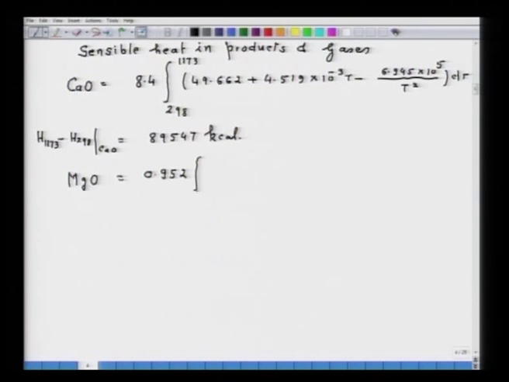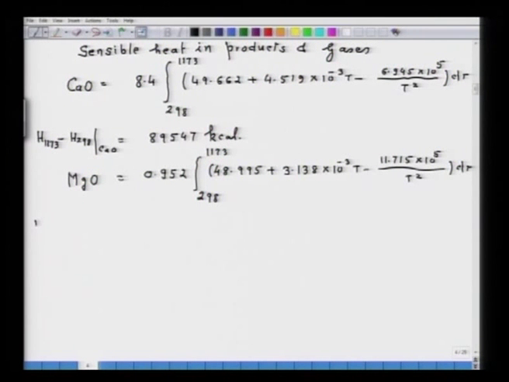Again I have to integrate from 298 to 1173, 48.995 plus 3.138 into 10 to the power minus 3 T minus 11.715 into 10 to the power 5 upon T square, integrated dT.